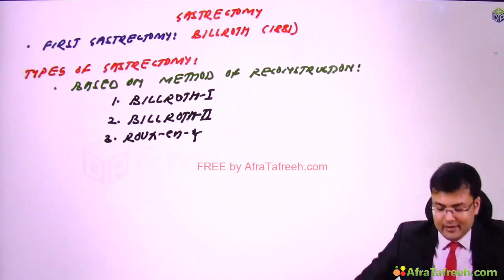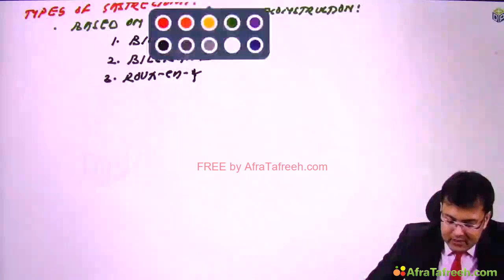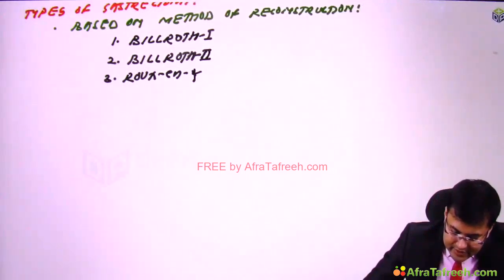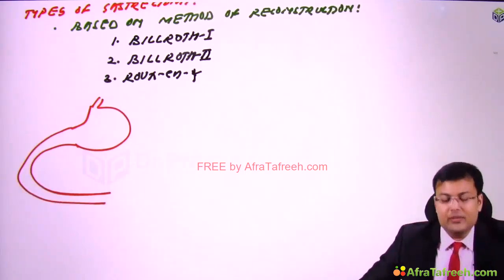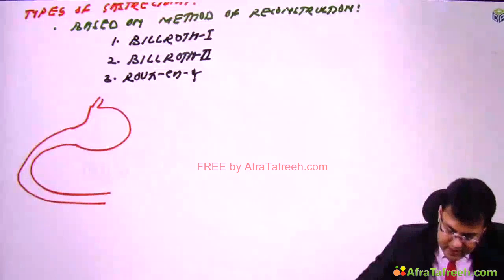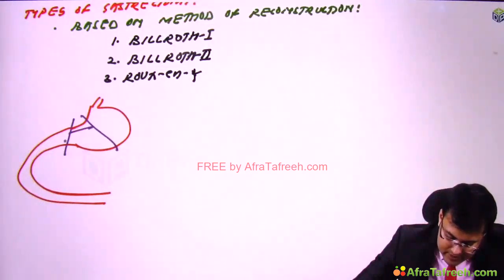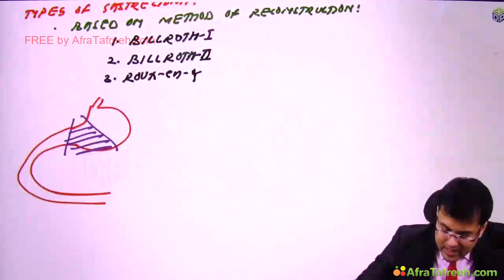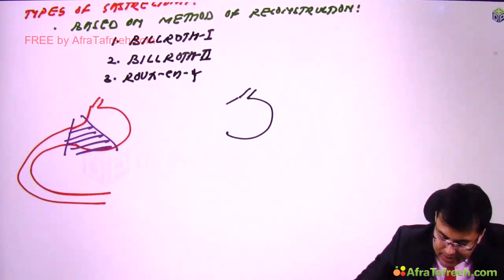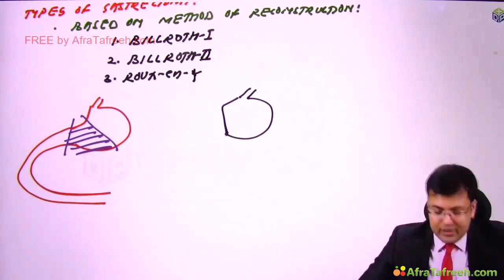Now see how it's done. First of all, we are going to discuss the Billroth 1 and 2. So you can see here, this is the stomach and this is the duodenum. I'm going to remove this part of stomach. If this part is removed, I'm left with only this much part of stomach, and I'm left with duodenum.